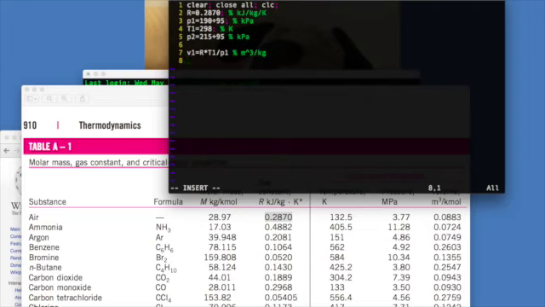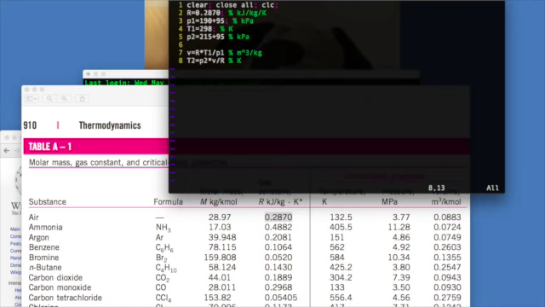And we have T2, our desired temperature, which is going to be P2 times V2 over R. And we know that V2 is V1. So let's go ahead and just rename both of these volume, since there's not really two volumes to speak of in the first place.